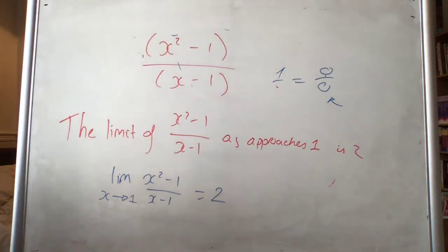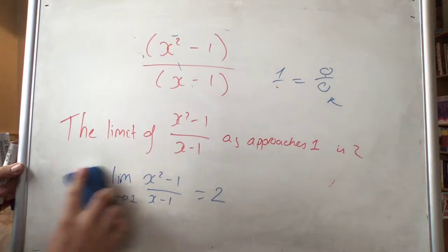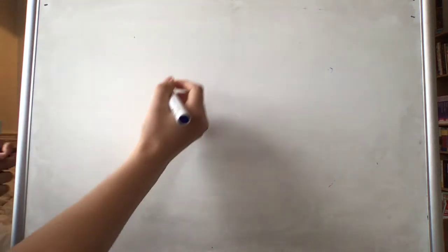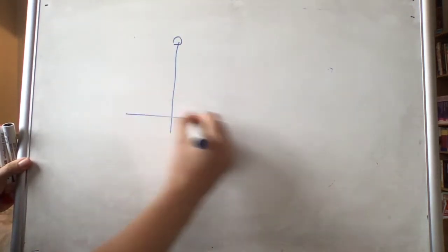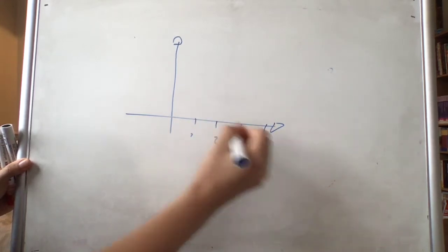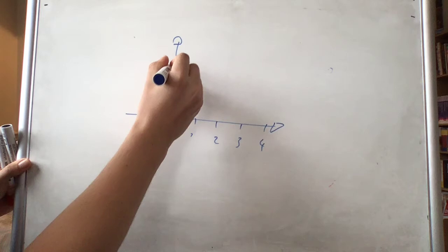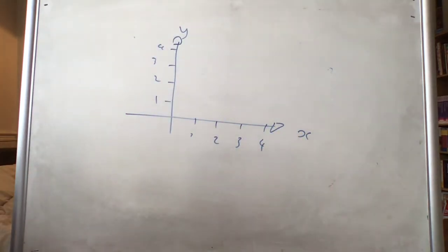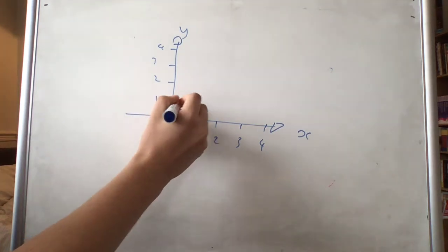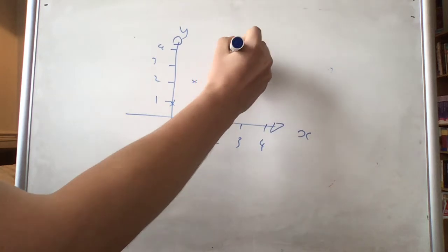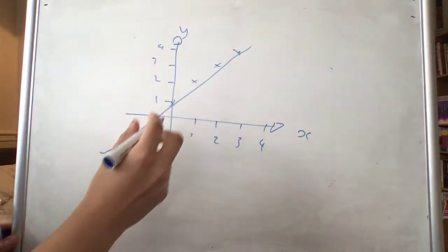Now, we could draw this as a graph as follows. We would draw our y-axis and our x-axis, and put 1, 2, 3, 4 on each. Very quick graph here. What we've essentially got is a straight line like such.